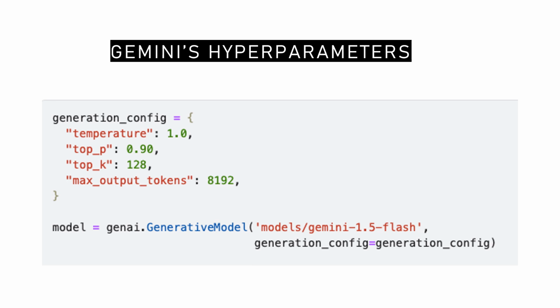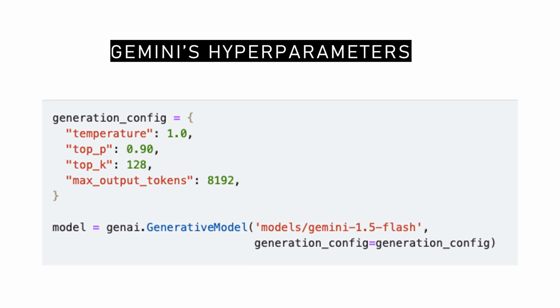Now, besides getting the news through the API with a query, where we're going to search regarding the news of the US presidential elections, there are also a lot of variables that we need to take into consideration in Gemini's hyperparameters.